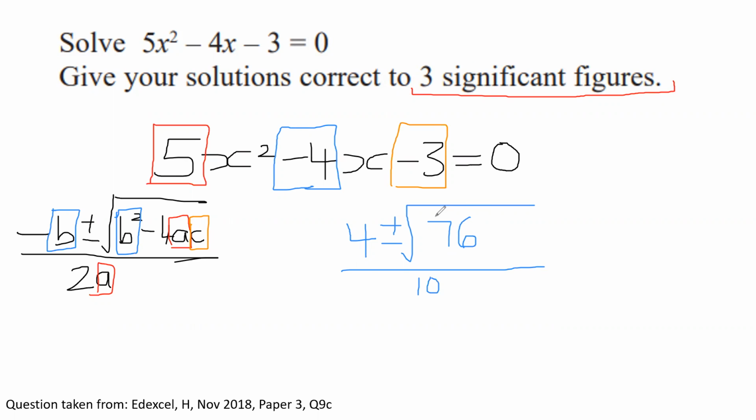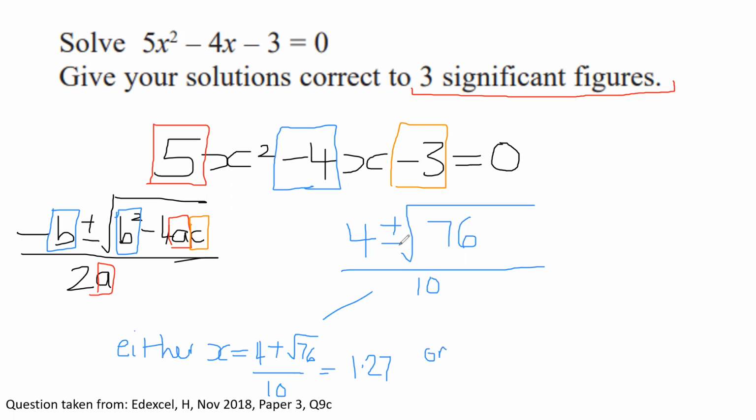And now we can split up this plus or minus. So we can either have x equals 4 plus root 76 over 10. If you were to put this into your calculator, you would get the answer of 1.27, correct to three significant figures.